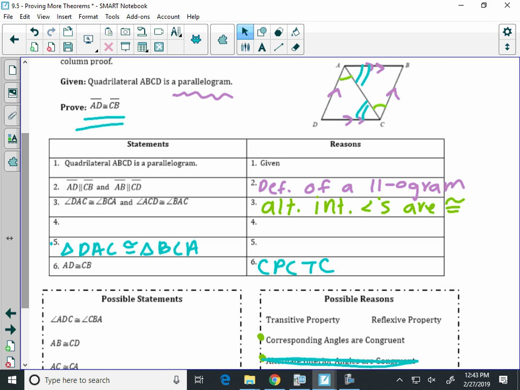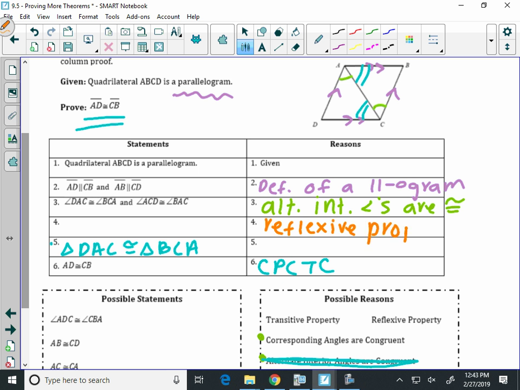I took care of my given. What type of triangles are these? Shared side. What do we always have with shared side triangles? Reflexive property. That's going to be my other reason. Whenever we have the reflexive property, it's always the shared side is congruent to itself.